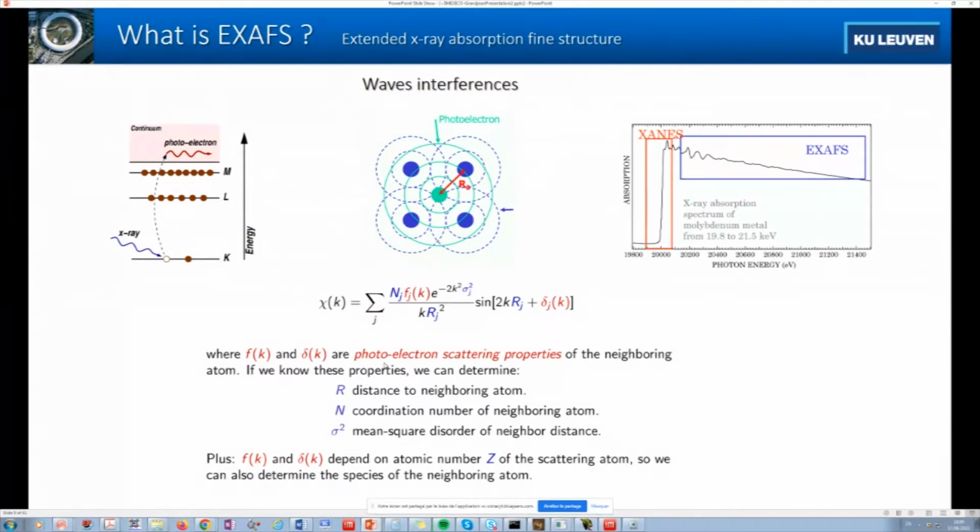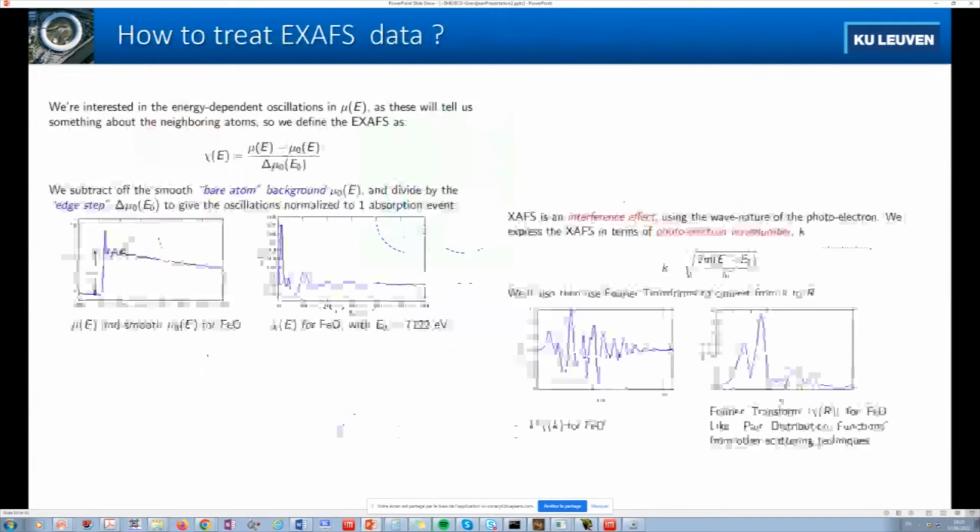So you see, you can already have some specificity. You know which atom it should be. I mean, it's not 100% specific. And then you have these three parameters: the distance to the neighboring atom, the coordination, and the disorder. So this is what you can obtain from EXAFS.